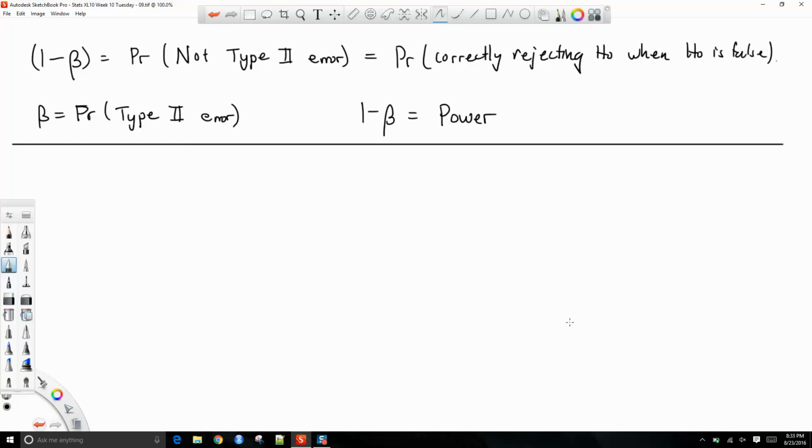All right, so let me give you a scenario where the type 2 error is worse. Imagine an HIV test. Generally, when you go in, the doctors would assume that you don't have HIV unless your test comes back indicating that you might.